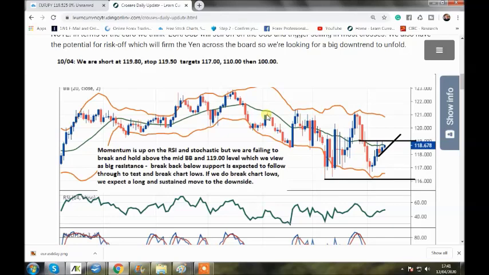Then we had real difficulty in getting back through it. So here we get above it, just close above it there, down, back to test, can't get through, back to test, can't get through, come roaring up, can't get through, down. Now we're coming back up again. Are we going to break up towards that 121 level? We might, but it'll be a big sell up there in our view.